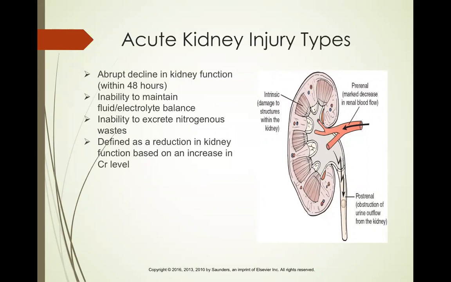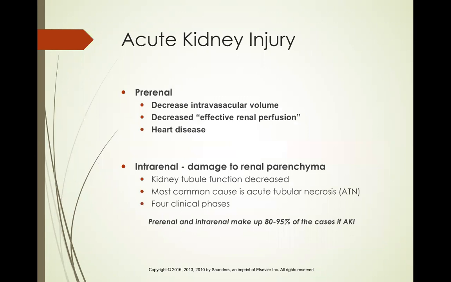Could be due to BPH, benign prostatic hypertrophy, or it could also be due to a kidney stone. So pre-renal is about volume, that there has not been enough volume to the kidney, and what it leads to is ineffective renal perfusion.